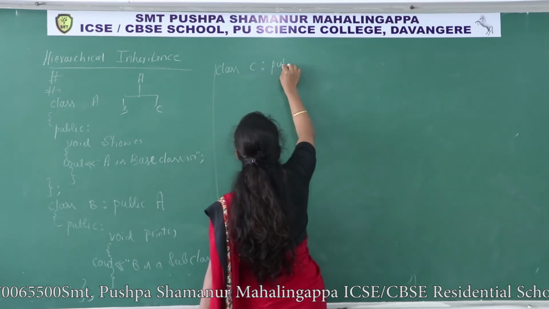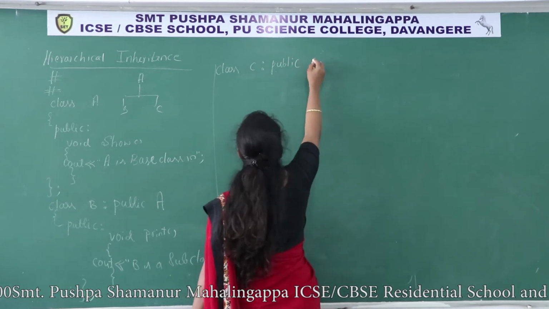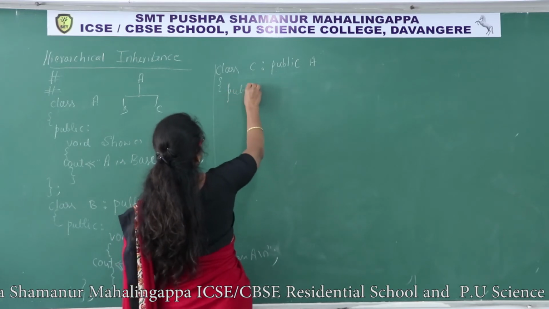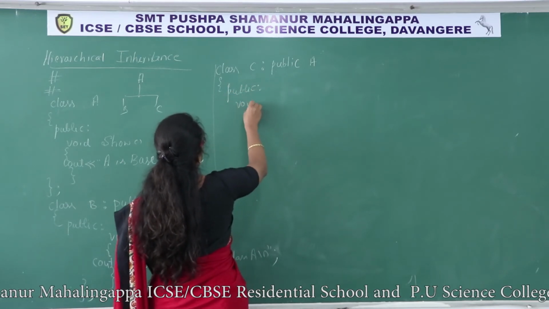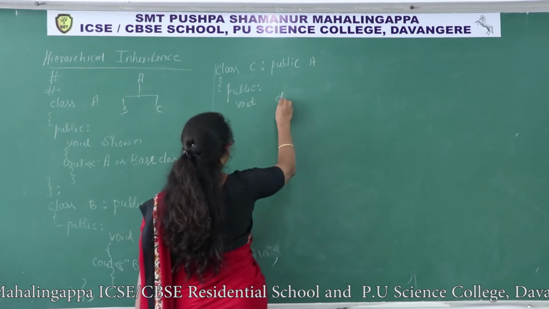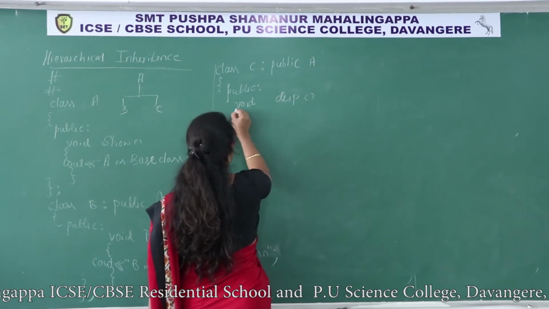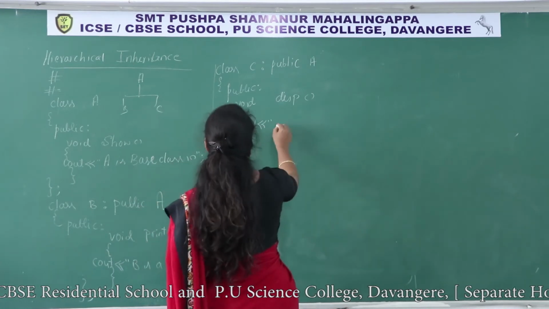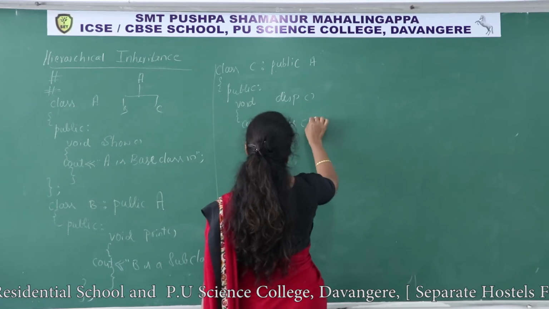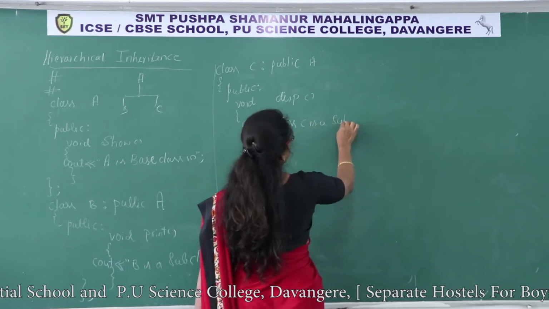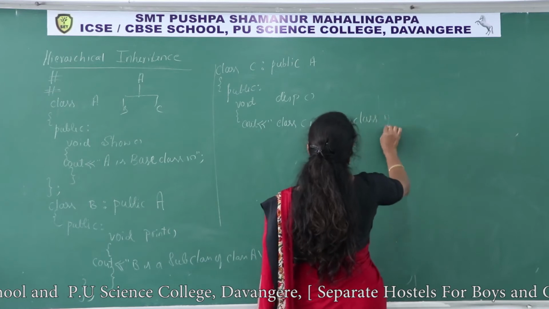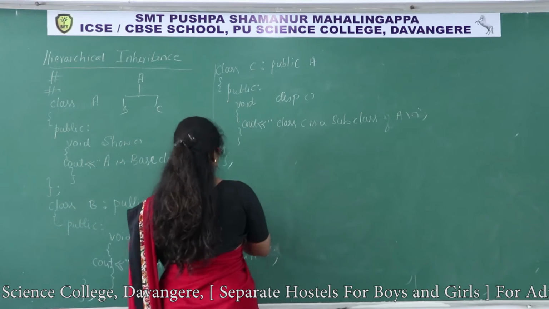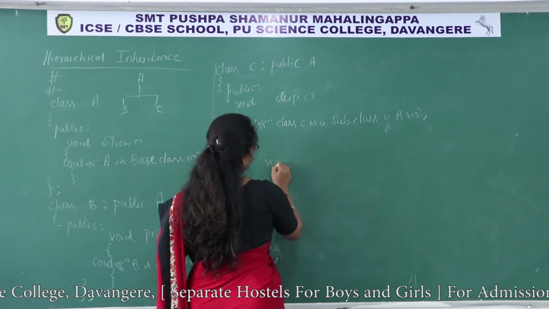Here also I'll take mode of inheritance as public, class A. In the public access specifier, I'll take a function void disp, cout. Class C is a subclass of class A. Now main function, void main.